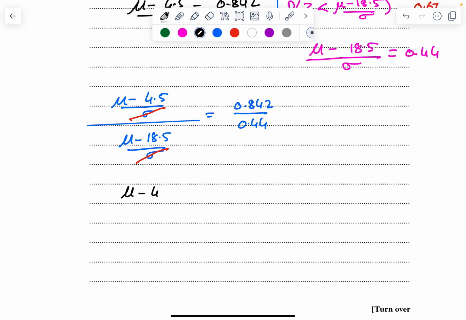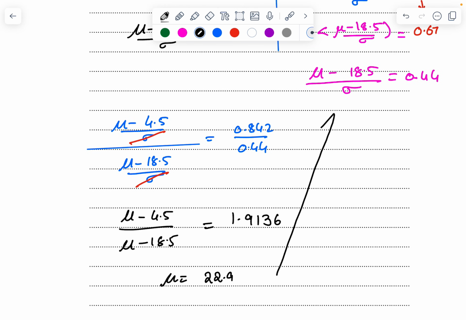So (mu minus 14.5) divided by (mu minus 18.5) equals, when I take the calculator and divide it out, 0.842 divided by 0.44, 1.9136. Then do the cross multiplication and get the value of mu. I am directly writing over here. You should be getting mu value as 22.9.